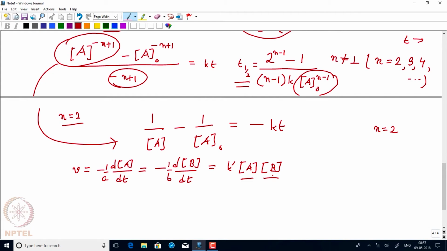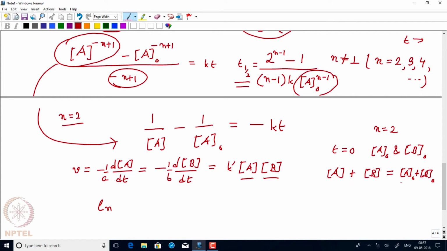So we can also integrate this second order rate law. You get the integrated rate law after you set the initial condition that at t equal to 0 the concentrations were A0 and B0, and also a stoichiometric balance that at any point, the concentrations of A and B together should be equivalent to the sum of their initial concentrations.